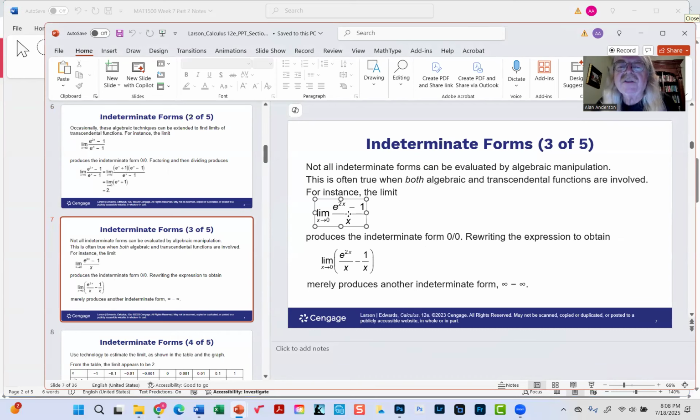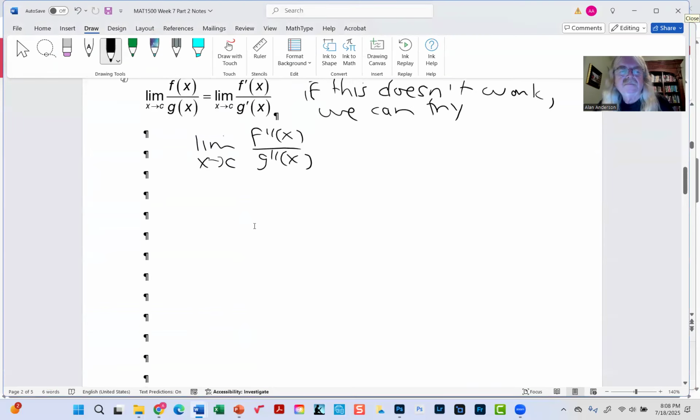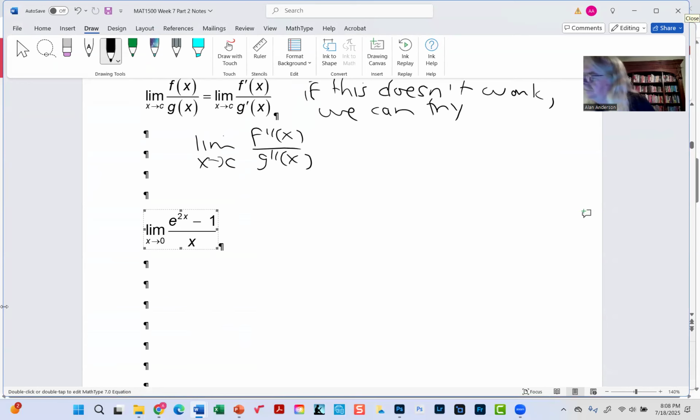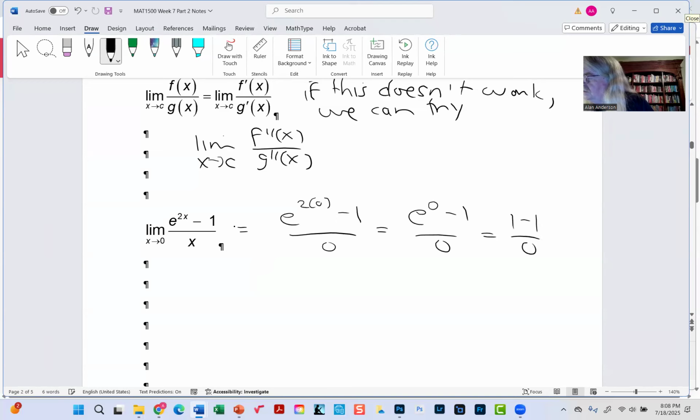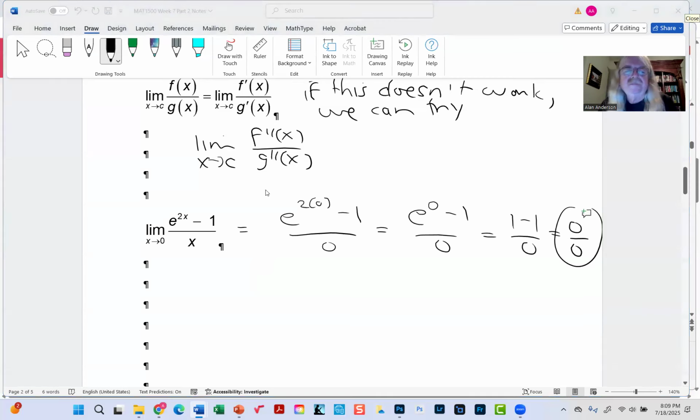In fact, we do, because if you look at this one, you'll see that you get 0 over 0, so this one is eligible to use L'Hopital's rule.